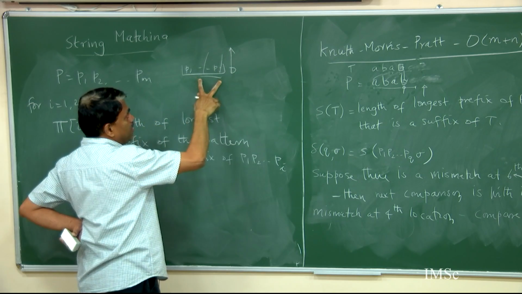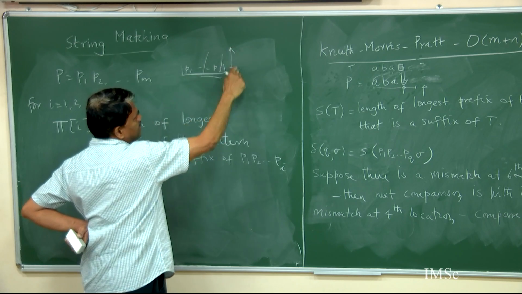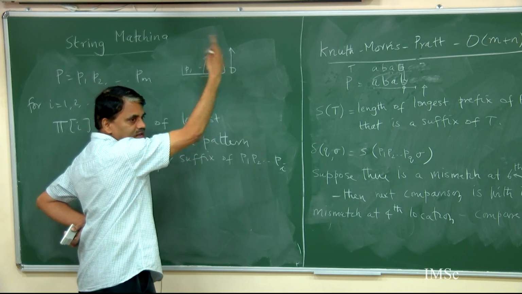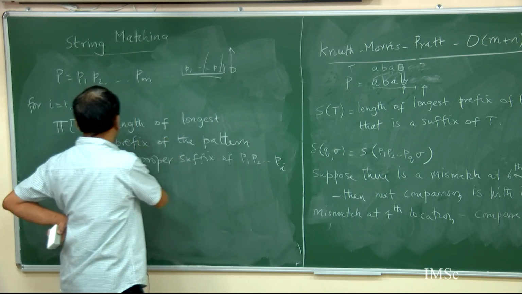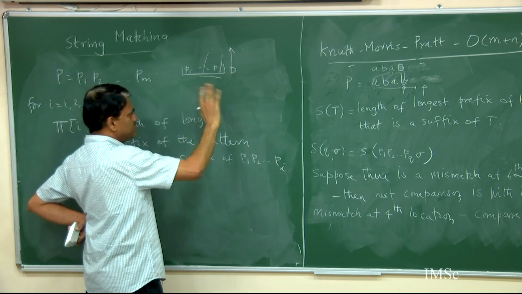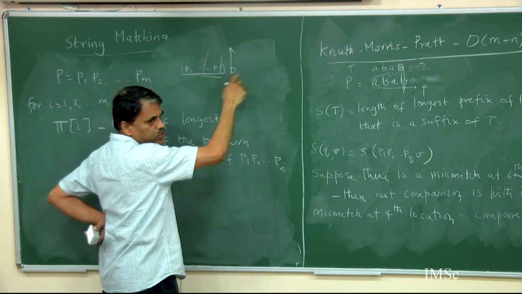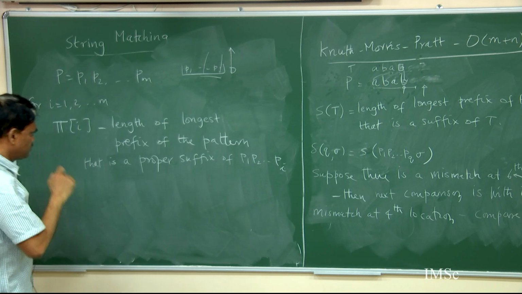It immediately tells you how much to shift, and then take the next character and compare. If there is still a mismatch, again do your pi computation, whatever you matched, go back and do a shift, keep doing shift. Somewhere your pi I would be 0, you will shift all the way and start comparing from P1 and run the algorithm.